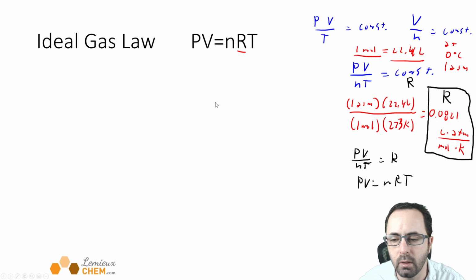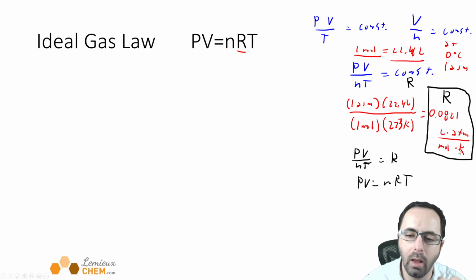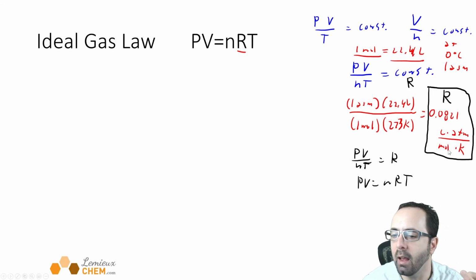And so what's a little bit different about the ideal gas law compared to the combined gas law is we're using a constant that has very specific units. Those units are liters, atmospheres, and moles and Kelvins. So whereas for the combined gas law, the only unit we really cared about was temperature. It had to be in Kelvin.